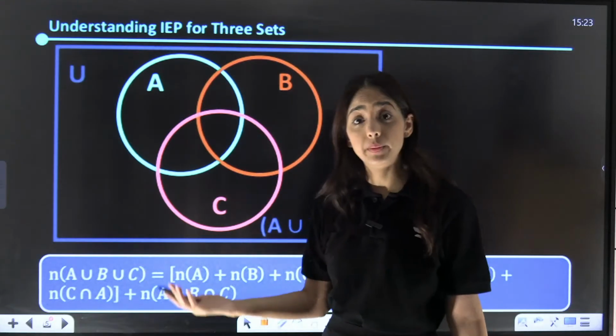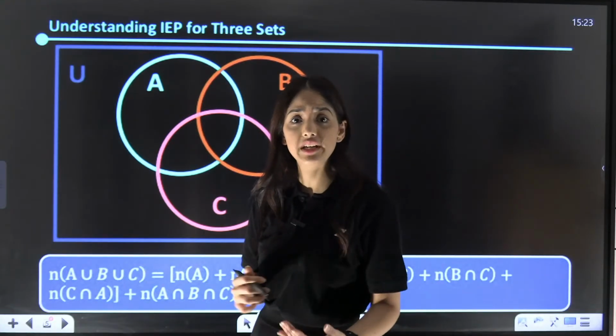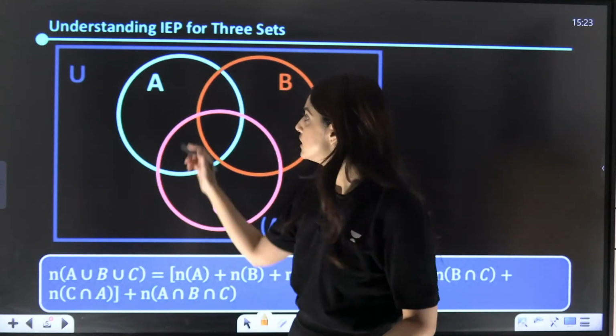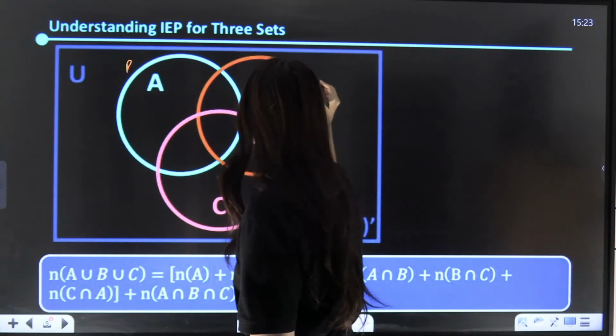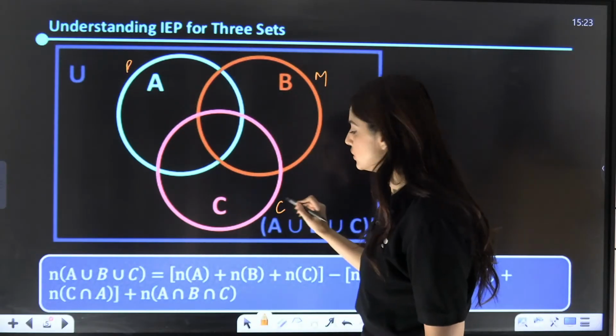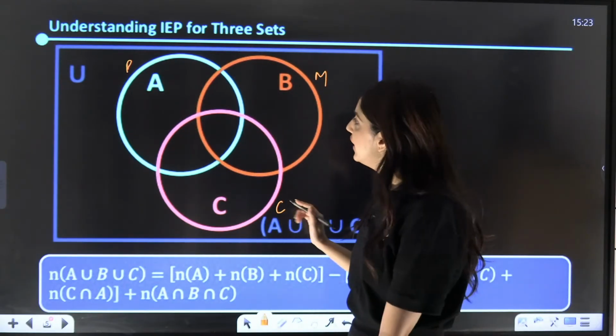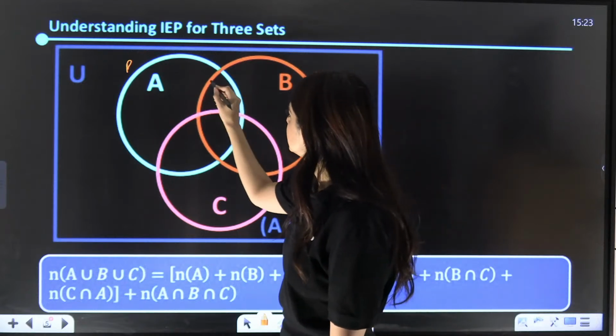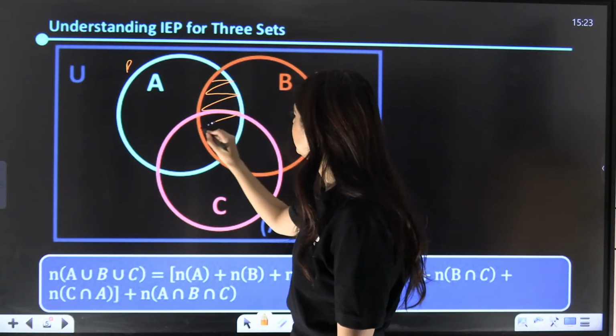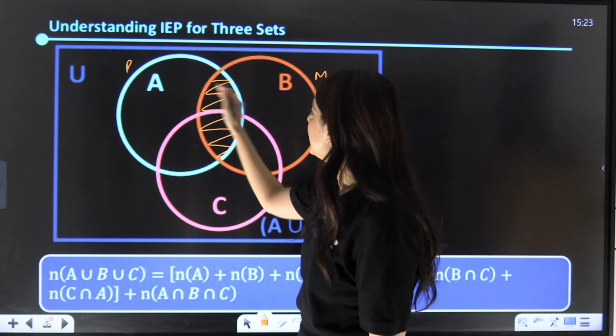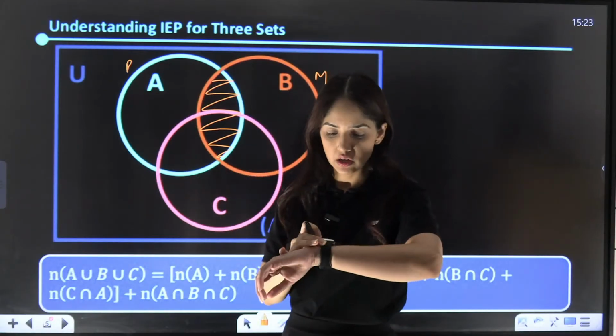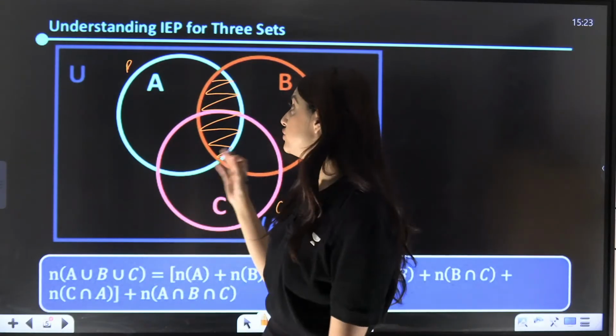Now there could be some teachers who teach physics as well as maths. So let's say this was P, this was M, and this was C, chemistry. Then this entire overlap between P and M are the teachers who are teaching both physics and maths.